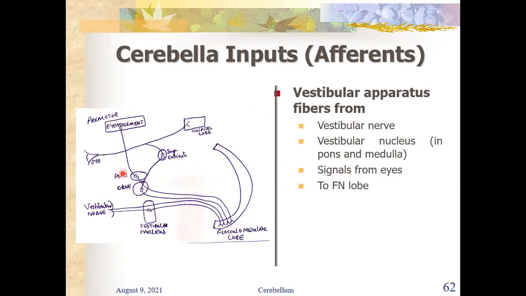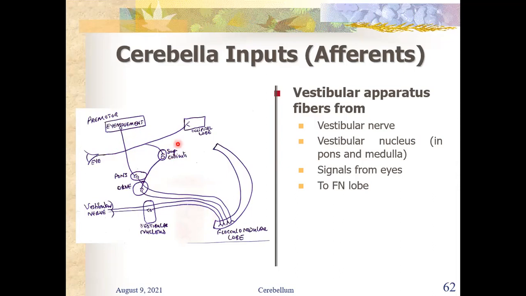So it also receives eye movement impulses from the eyes via the pons and olives, which terminate at the flocculonodular lobe. So those impulses can also be communicated with the premotor area for eye movement.